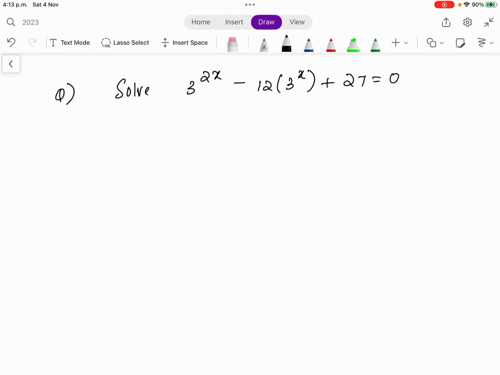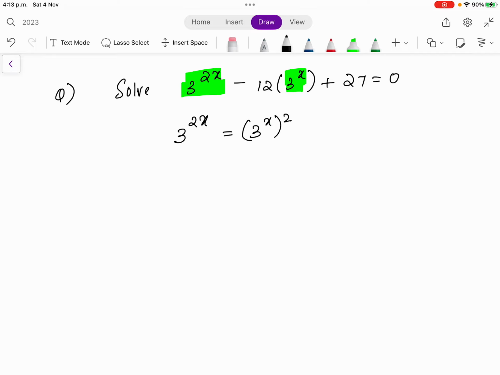Now, when you get a question like this, what you have to see is whether you can identify some patterns here. So here I see that there is a pattern of 3 to the power of x, and here there is a pattern of 3 to the power of 2x. With the rules of indices, what we know is that 3 to the power of 2x can be written as 3 to the power of x, to the power of 2. Okay.